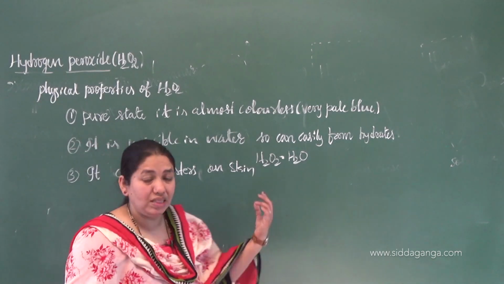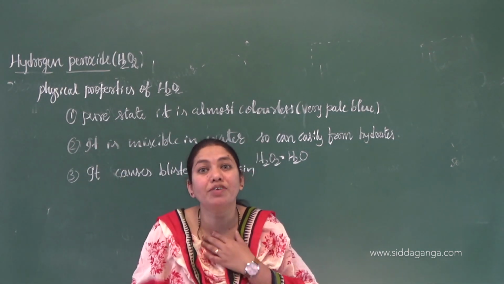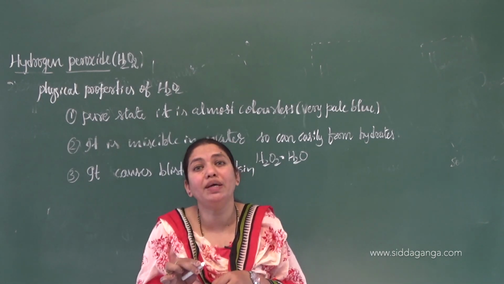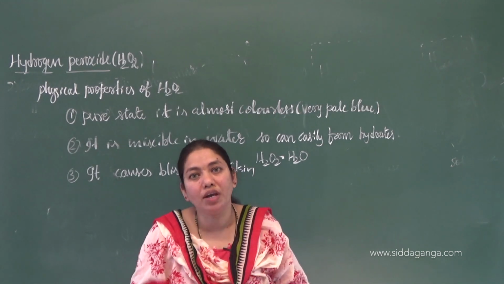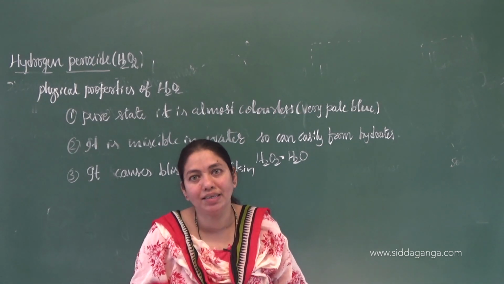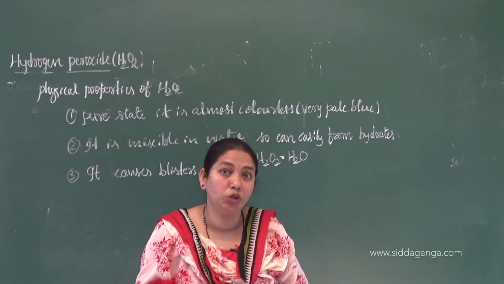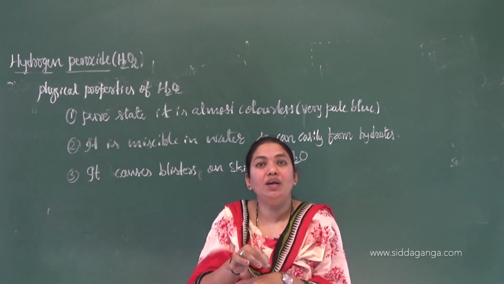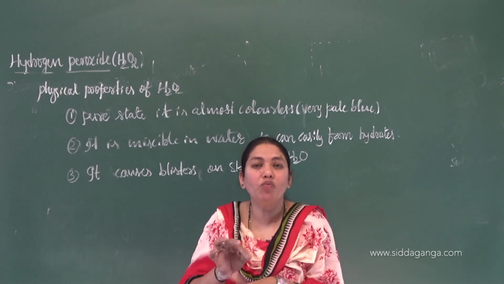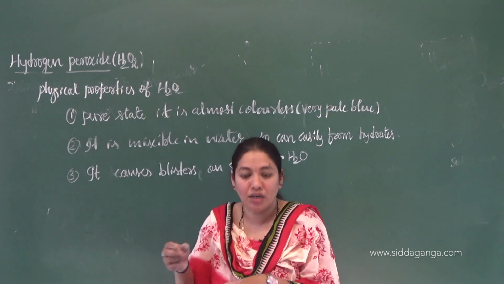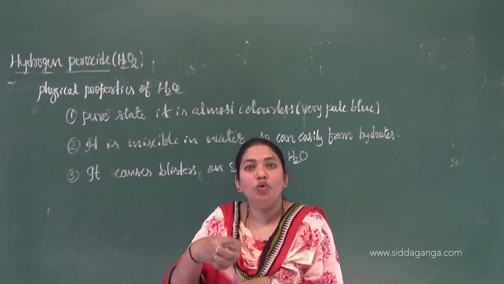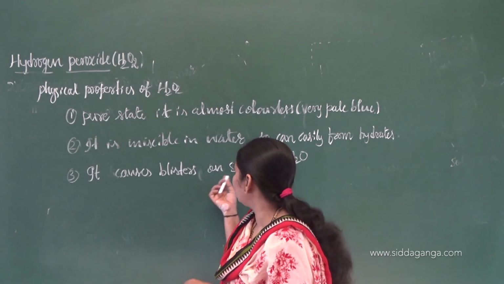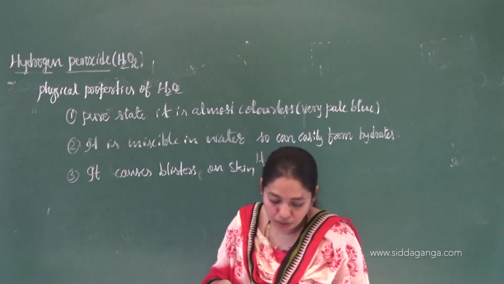I think you have seen hydrogen peroxide provided in first aid boxes. It is a very good, mild antiseptic as well as a disinfectant, which we will discuss later on. When there are wounds and you go for dressing, they will wash it with hydrogen peroxide. When it is poured on the skin, there will be liberation of gases, so it causes blisters on skin. That is one more property.